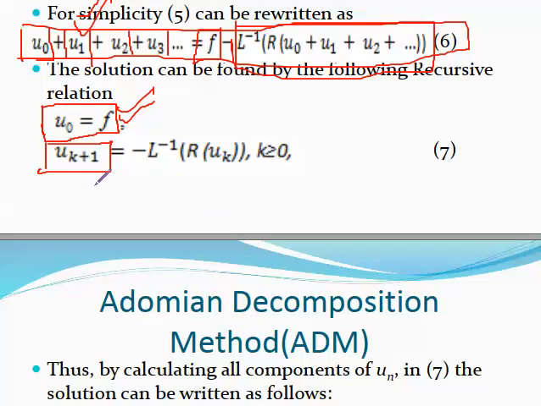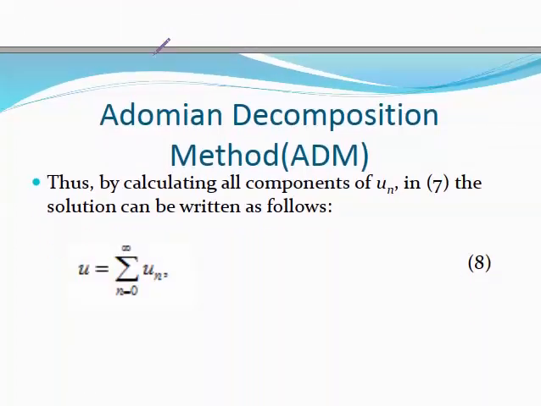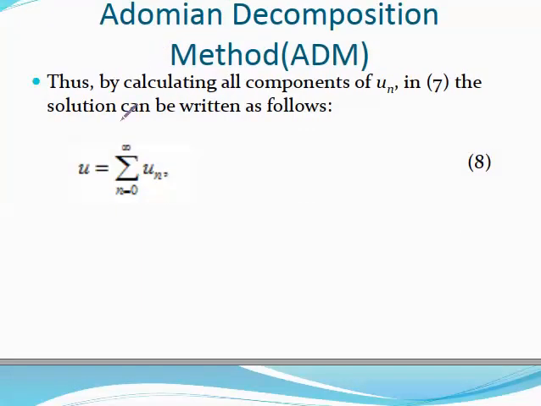Now, once we have the solution of all unknown functions, like u naught, u1, u2, and u3, then when we sum up all these order solutions, this is exactly called the series solution of the decomposition method, and it will give you the result of u in a series form.